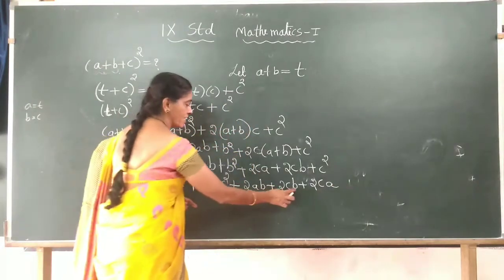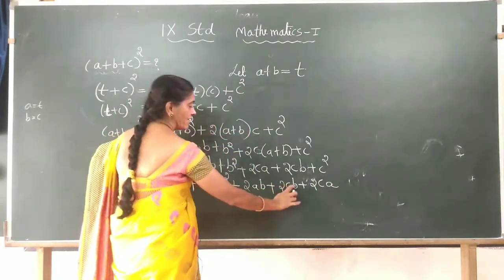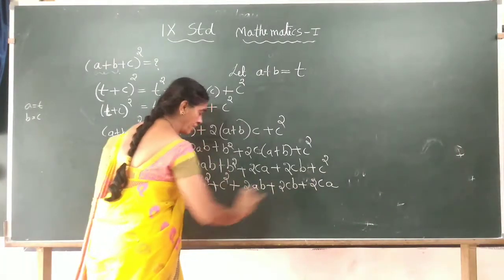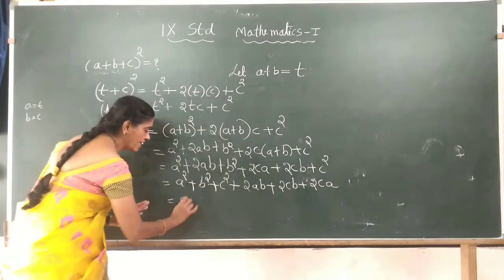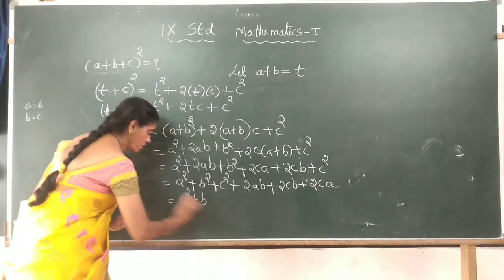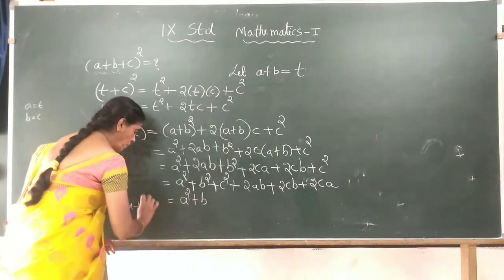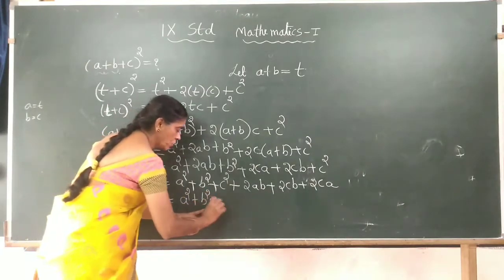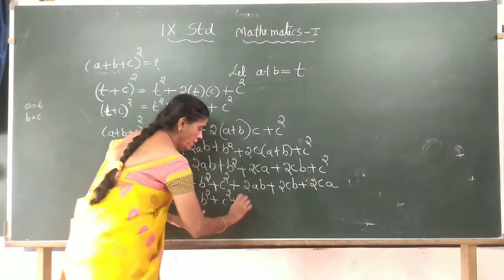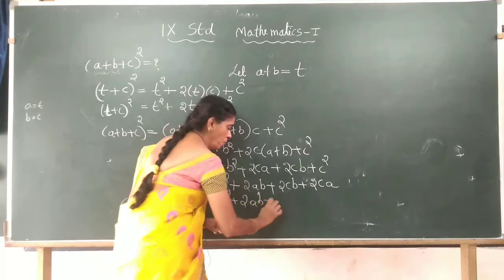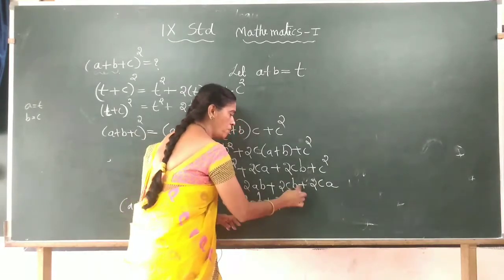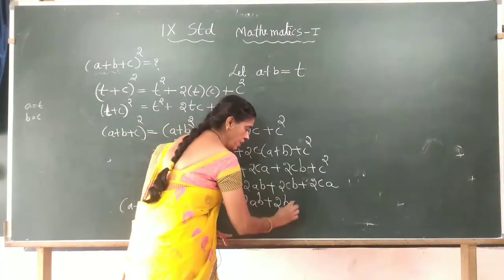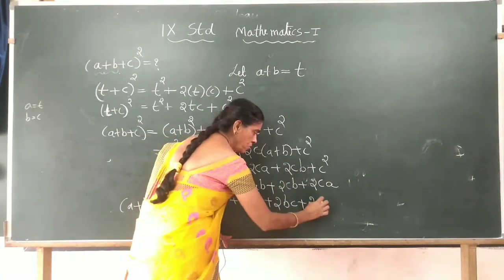I will write c into b same as b into c, so a plus b plus c whole square is a square plus b square plus c square plus 2ab plus 2bc plus 2ca.